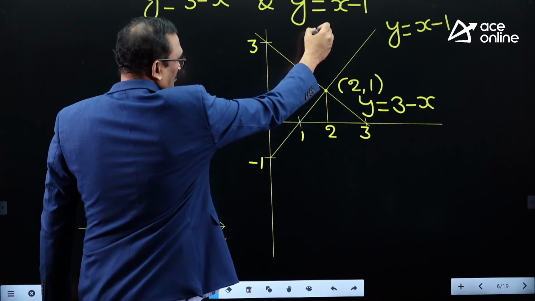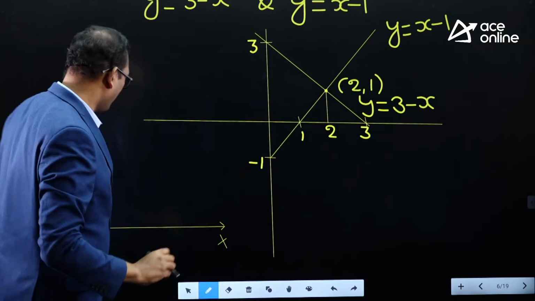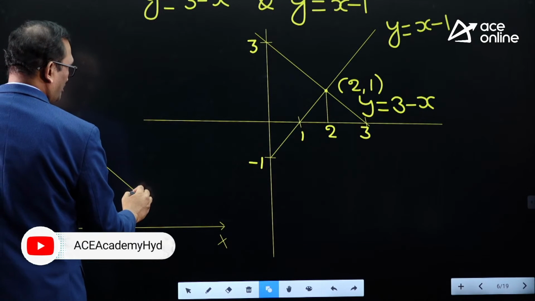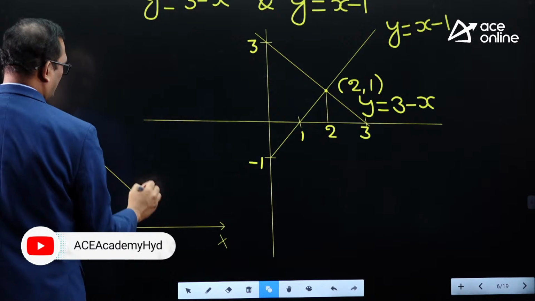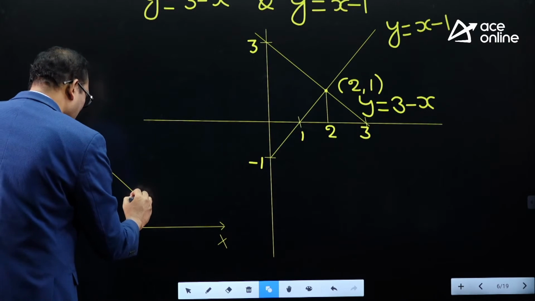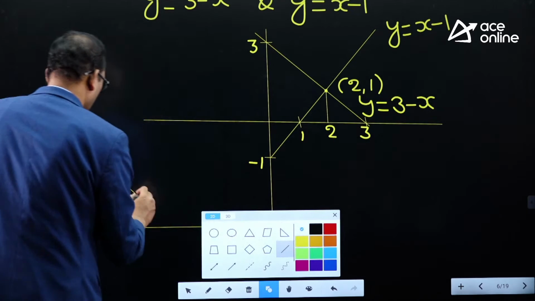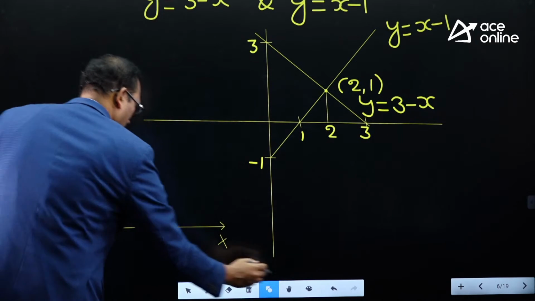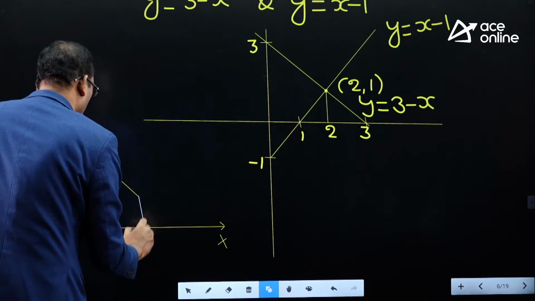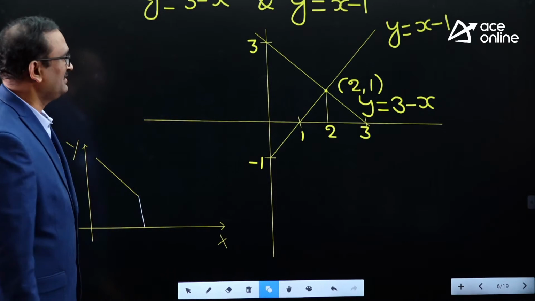This is a rough sketch only. That is the x equal to 2 line.